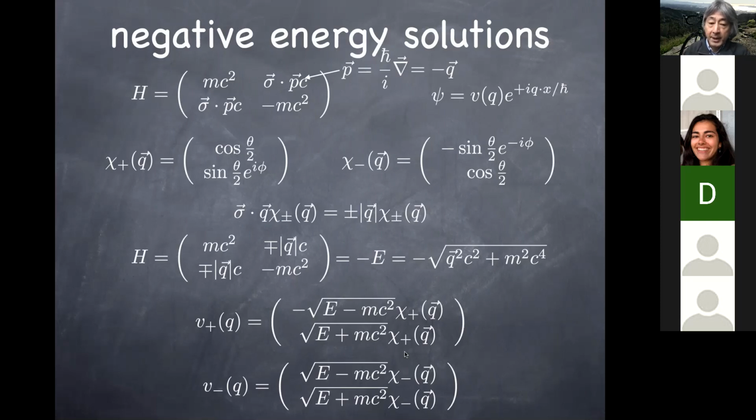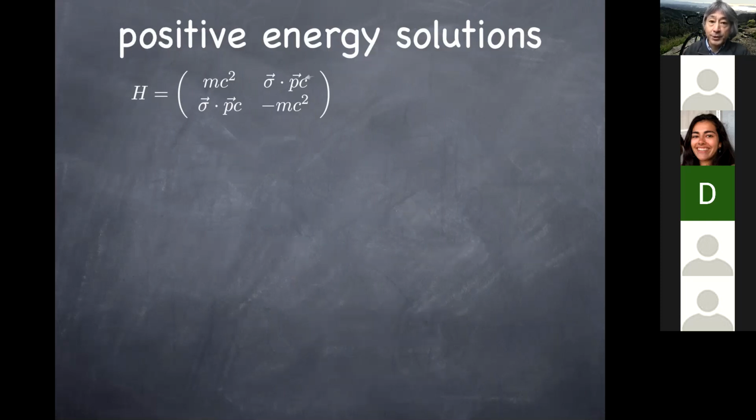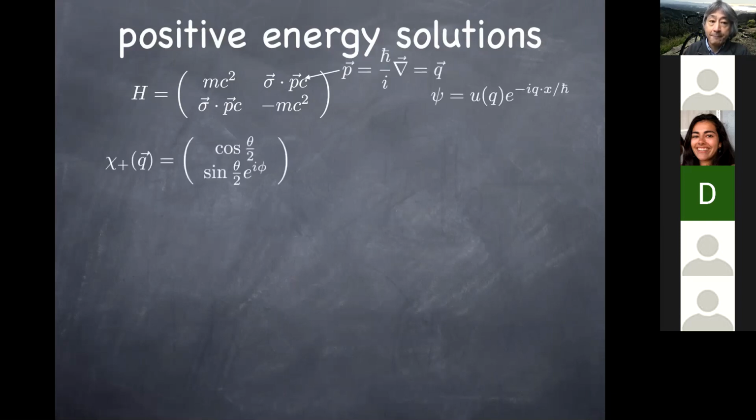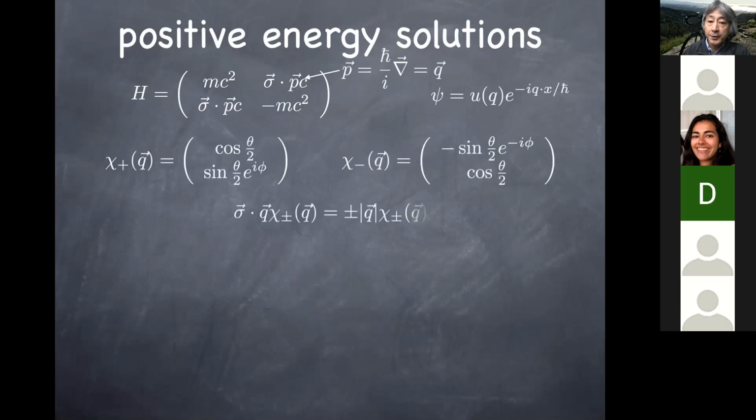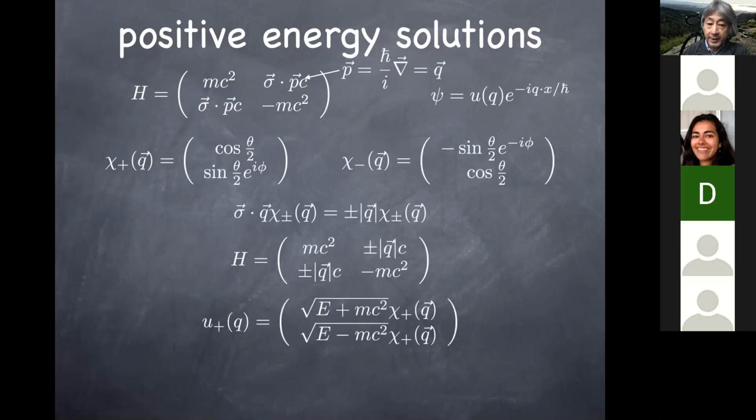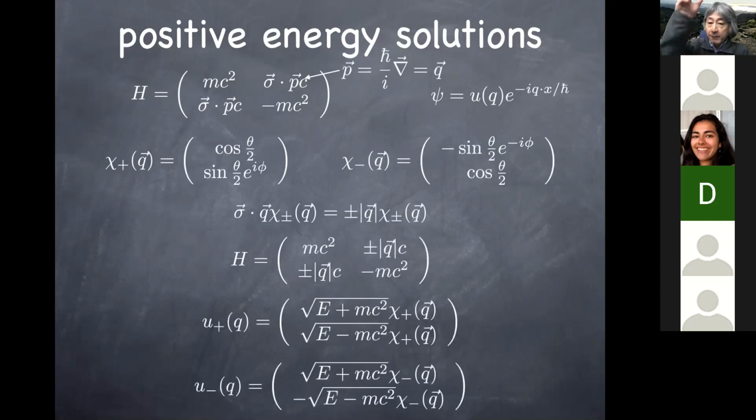So let me go back to the positive energy solutions, which I'm sure is easier to understand. These chi spinors are 2-component spinors, and the Hamiltonian is a 4x4 matrix. So the solutions are 4-dimensional column vectors, or column spinors in this terminology.